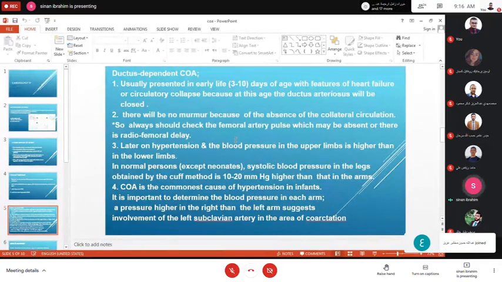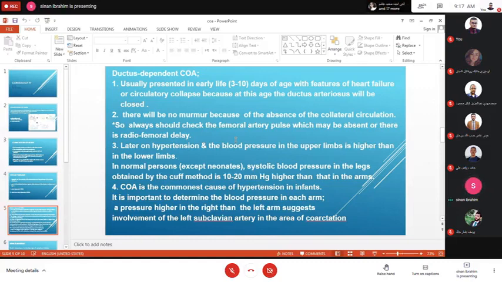Usually, as we know, the femoral pulse we feel it a little earlier than the radial artery because the pathway is shorter, usually direct. We feel it. بينما radial needs time to reach its pulsation. So this is normally we feel the femoral pulsation before the radial.